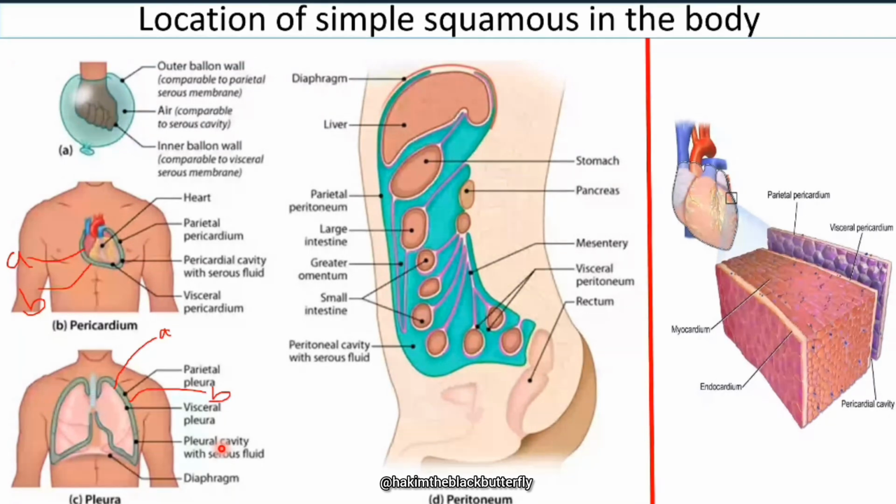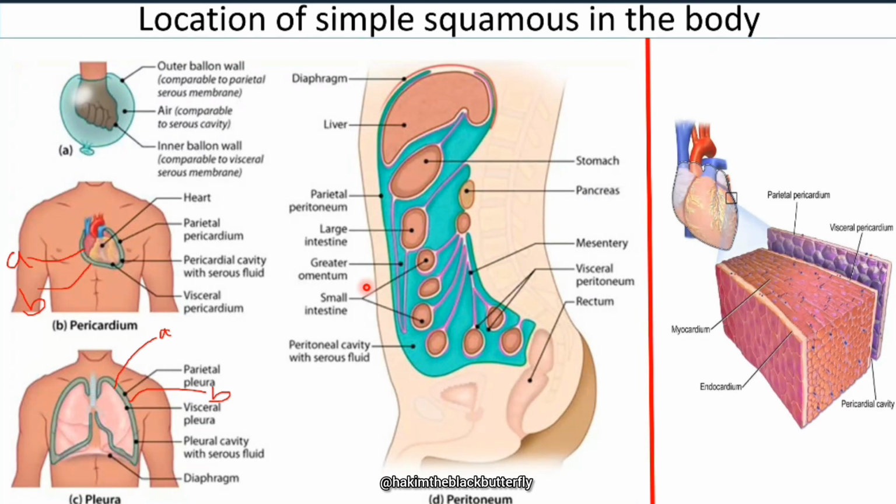Now, within this cavity, there's going to be a thin layer of fluid that will be very important to lubricate these layers, so that whenever the lungs move, whenever the heart moves, whenever the intestines move, these layers don't come together to cause friction. But also this thin layer can contribute to shock absorption. Let's say when there is trauma to the chest or to the abdomen, this thin layer can contribute to shock absorption so that your organs are not severely injured when there's trauma.